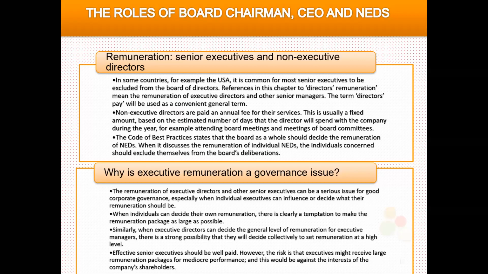Similarly, when executive directors can decide the general level of remuneration for executive managers, there's a strong possibility that they will decide collectively to set remuneration at a high level. So there's that temptation, and that's why it's a governance issue.